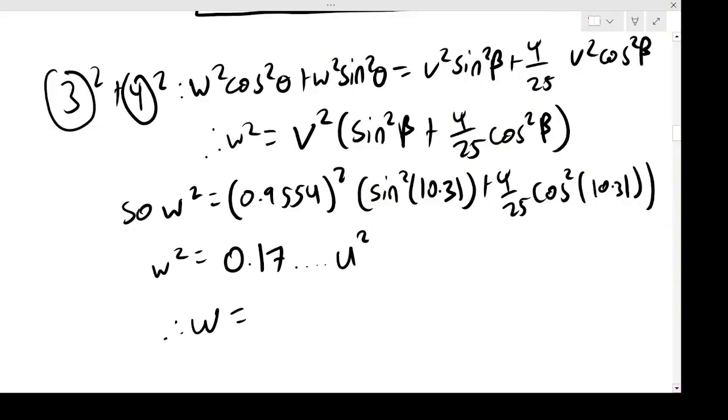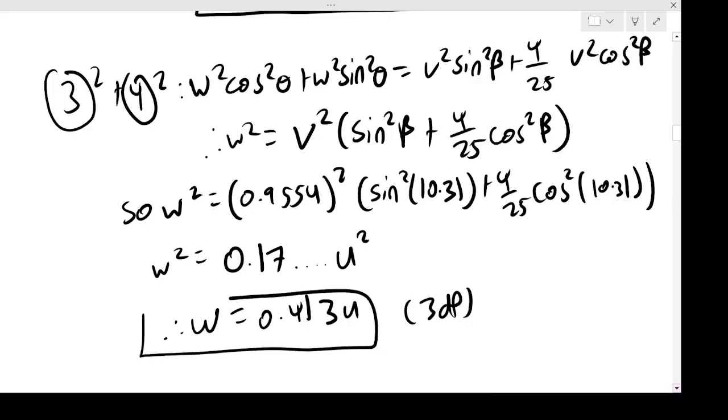So therefore W, if we root that answer, is 0.413 U to 3 decimal places. And that's my speed W there.